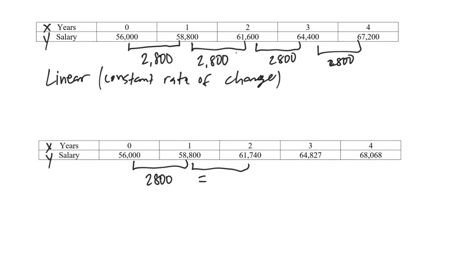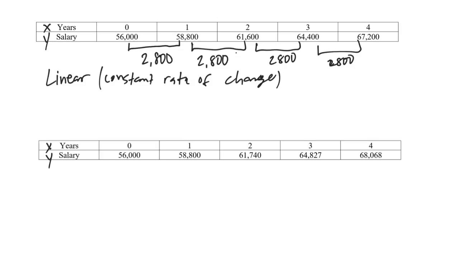And so therefore, this is not a linear function because you don't have a constant rate of change. And so what I'm going to do is I'm going to erase this and we're going to try to see if there's something else.